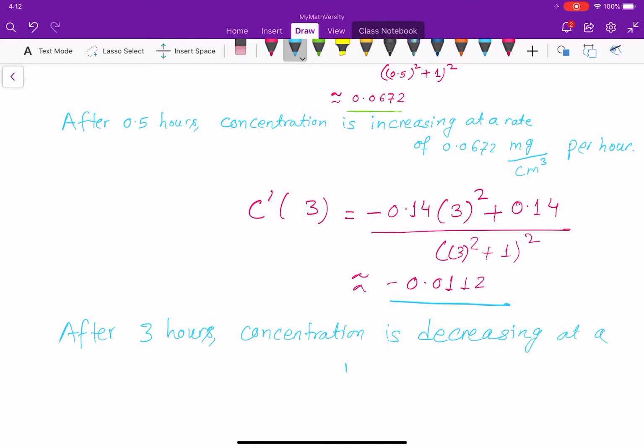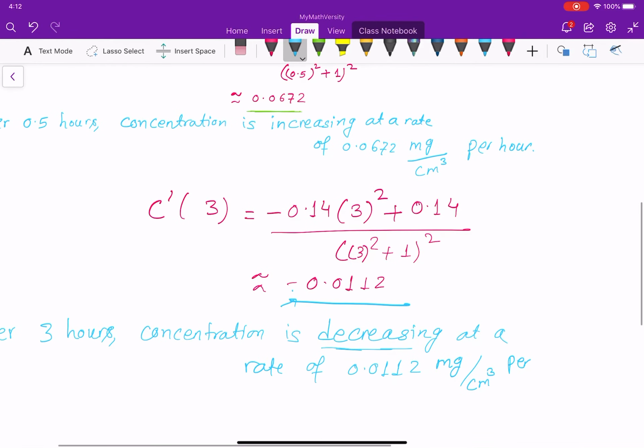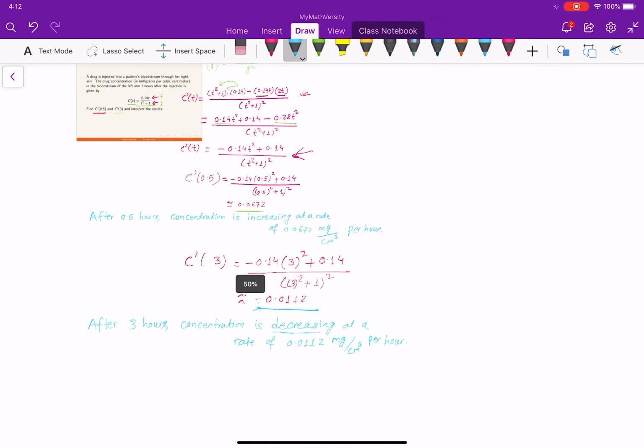At a rate of 0.0112. We already addressed the negative by saying that it's decreasing, right? So at a rate of 0.0112, again the same unit, milligrams per cubic centimeter per hour. And this is how we can solve this application.